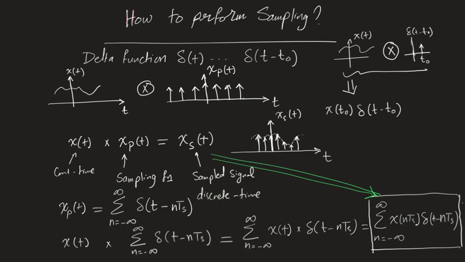Simply the samples of x at locations nTs multiplied by delta functions, which if you graph this, you get exactly what we have here, right? The samples of these are the values, multiplied by delta functions. Okay? So this is the expression for the sampled signal.